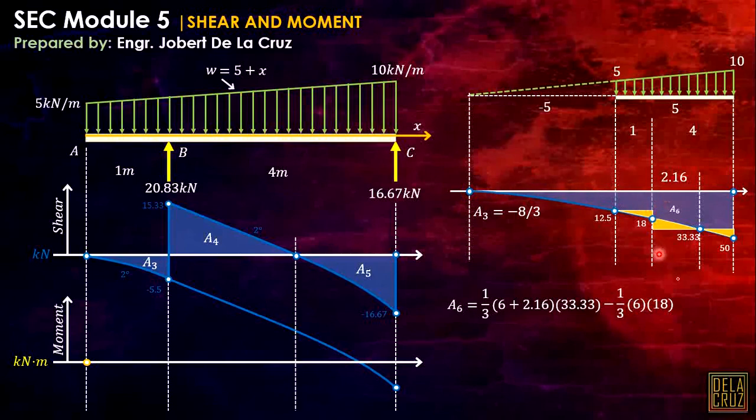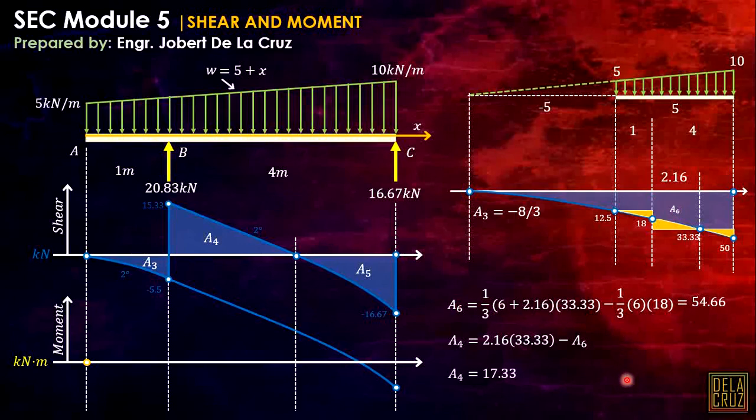And that is 54.66. Calculating area 4, that will be this rectangle, 2.16 times the height of 33.33, minus area 6. So we have the value of area 4.